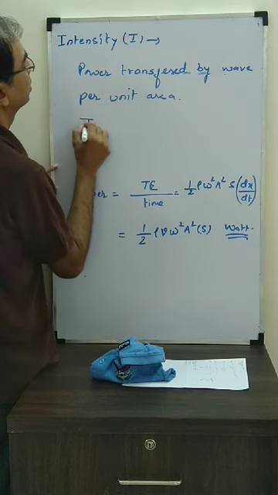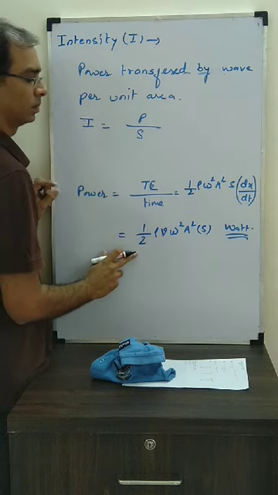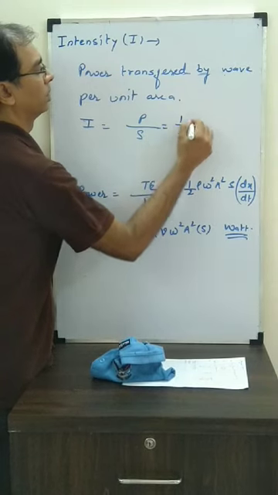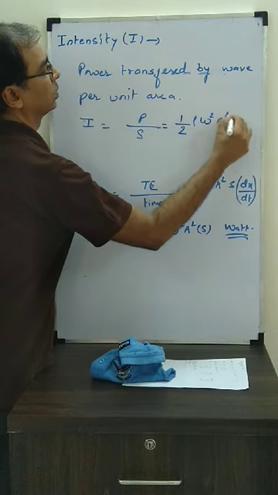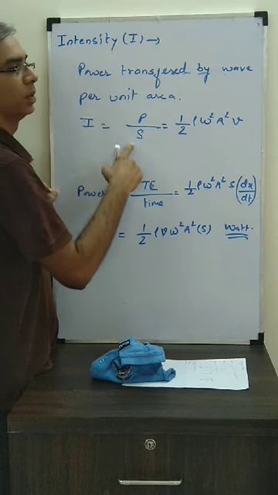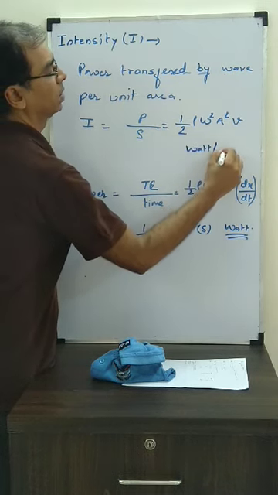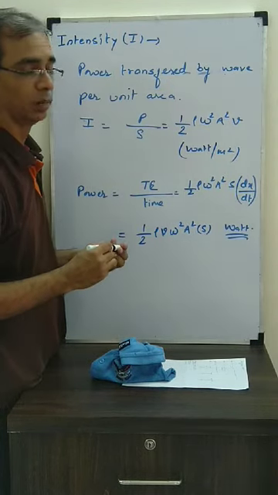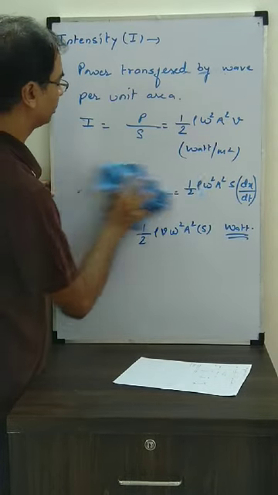Intensity is power by area. Power is here divided by S. What we are going to get? Half rho omega square A square into velocity. And what is the unit of this? Watt per meter square. Okay, it is watt per meter square. This is the intensity of a wave carried by string.